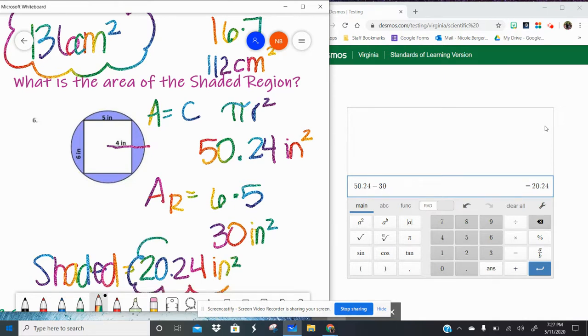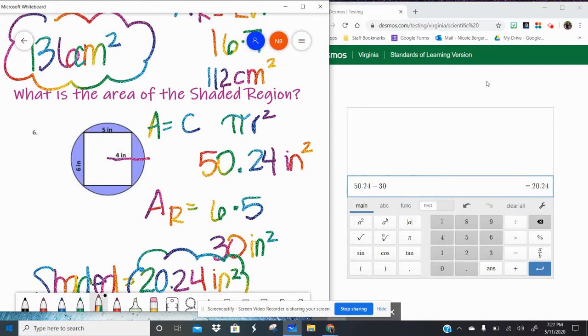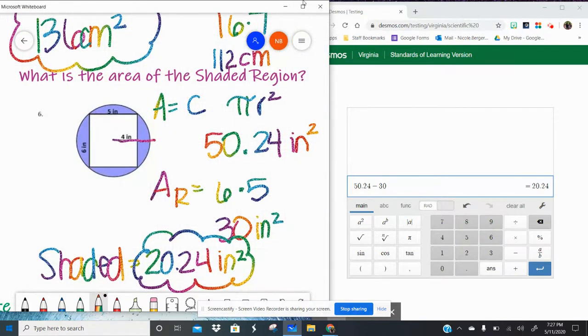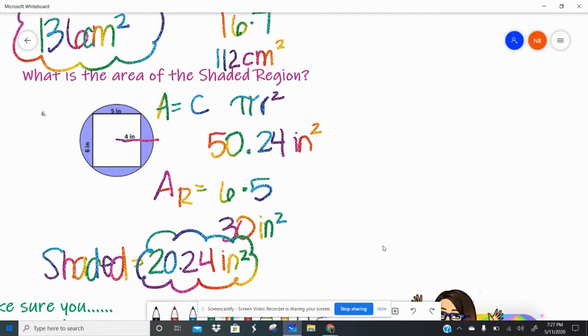So sometimes you'll add the areas and sometimes you'll subtract depending on the figure. If you're finding just the shaded part, you're going to subtract the white part. If you're finding the whole thing, then you'll add them together. So really have to read those questions.